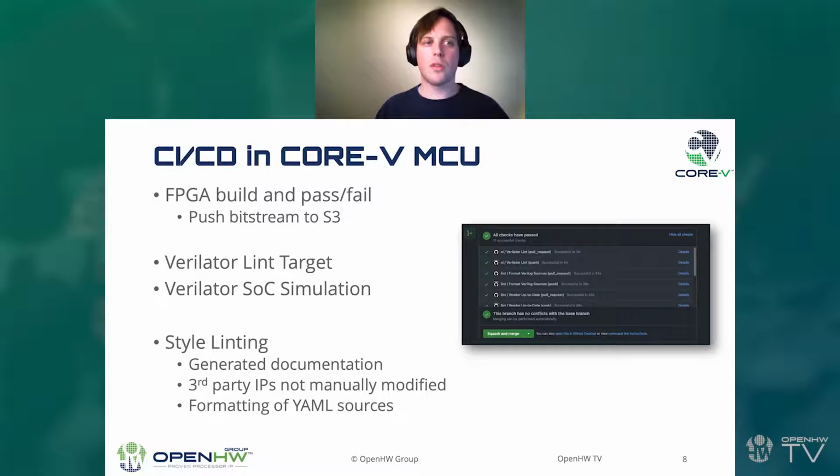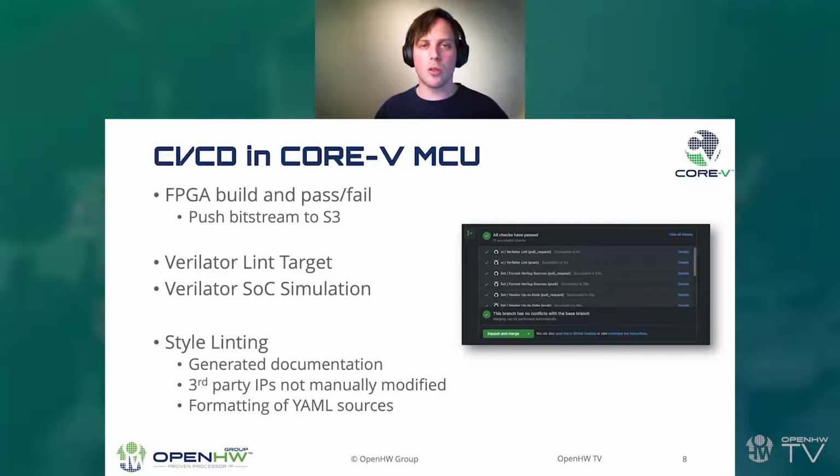In terms of the CORE-V MCU, and Tim in a minute is going to touch more about this, we are embracing FPGA builds. As I said, we push the bitstreams to our S3 buckets. We are using Verilator as a lint target, and using Verilator as SoC simulation that allows us for very rapid feedback for the given pull request, as well as looking into style linting using Verible.